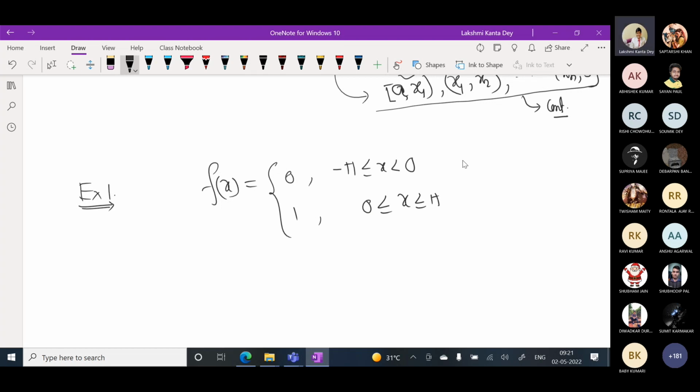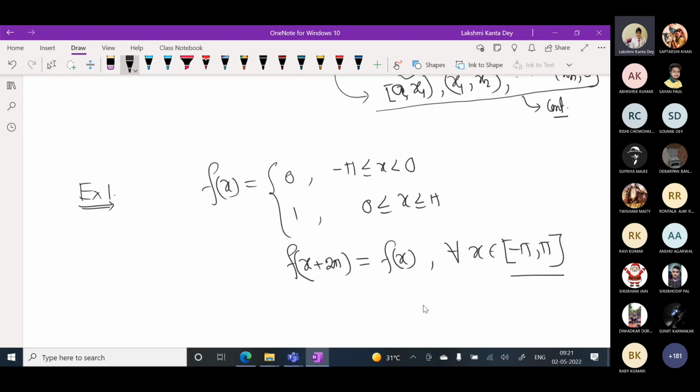Suppose this is your function and f(x plus 2 pi) equals f(x), it is extended periodically with period 2 pi in the whole domain of real numbers. Or maybe I am a little bit flexible here, I can make it minus pi to pi. So there is no issue. So I make the function periodic. So we have to find the Fourier coefficients and the Fourier series itself.